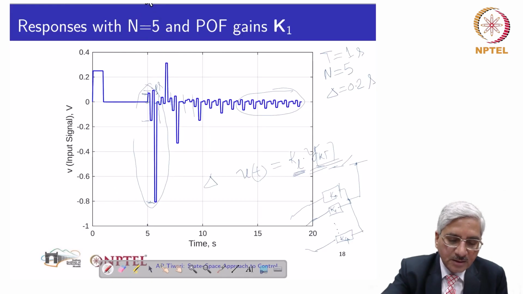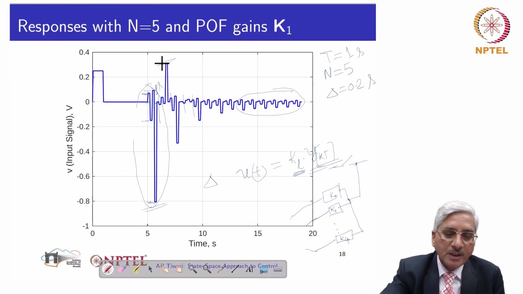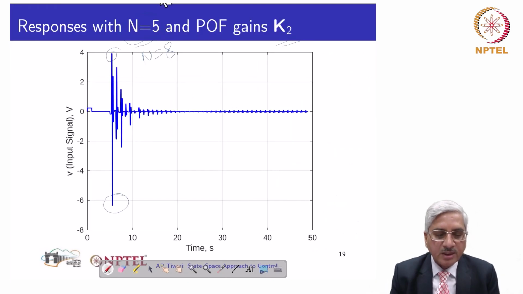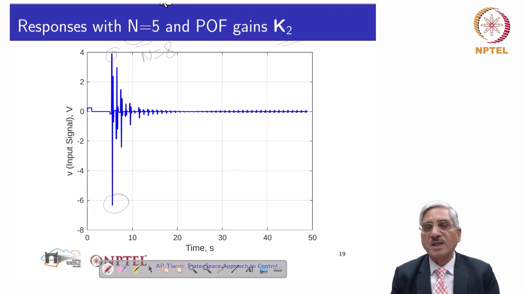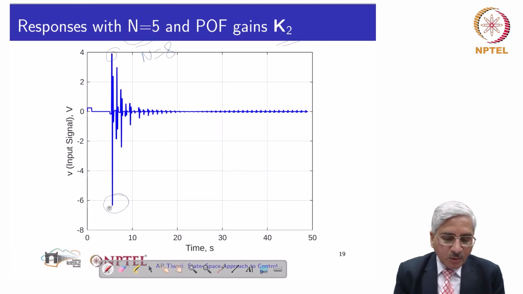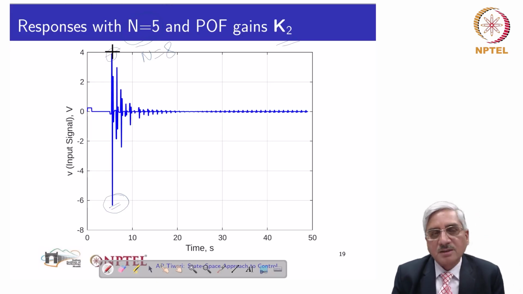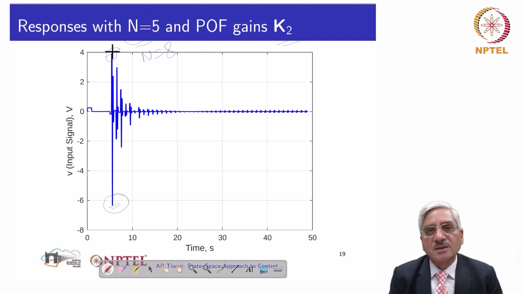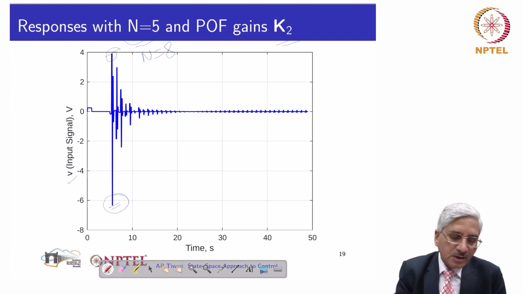In fact, if you can see from the previous slide, it was less than 1 volt on the negative side, less than 0.5 volt on the positive side. Here, because this design is not that optimized, it is more than minus 6 volt on one side and close to 4 volts on the other side. However, the system is stabilized even with the poor design. So this is how the voltage signal varies.